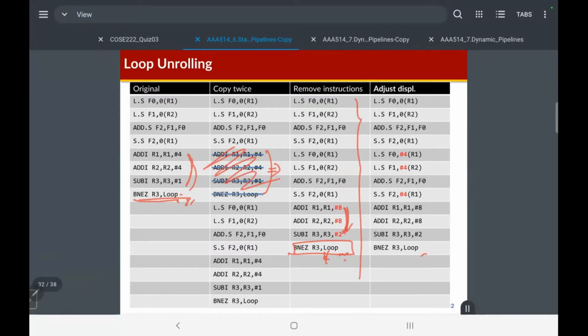For example, in RISC-V, we can use 32 general purpose registers. Also, RISC-V has 32 floating point registers. So the number of registers is just 32.